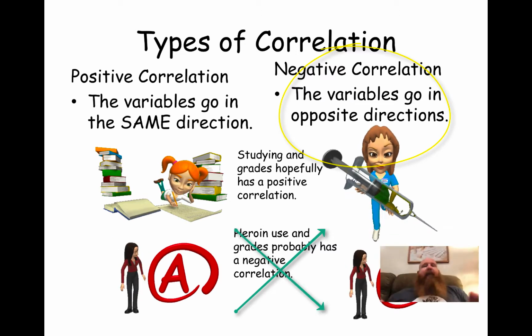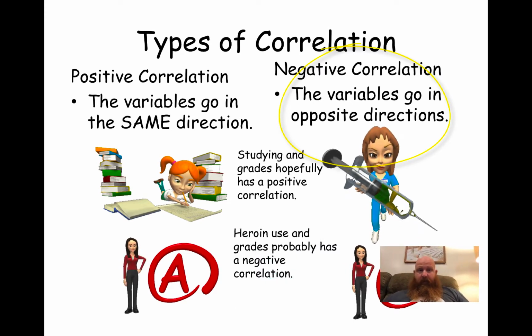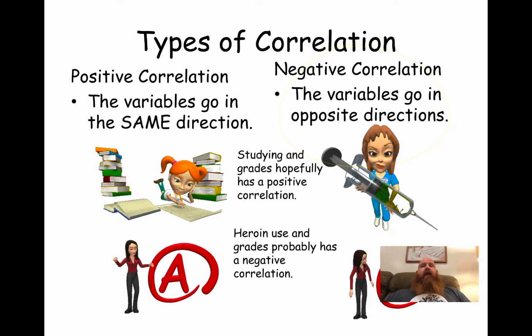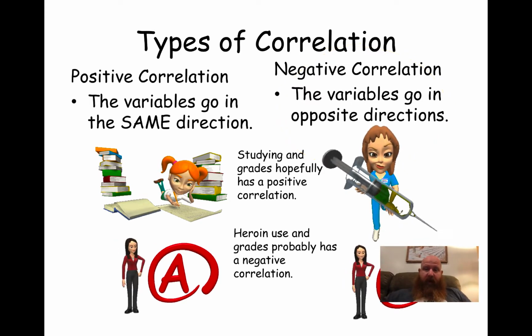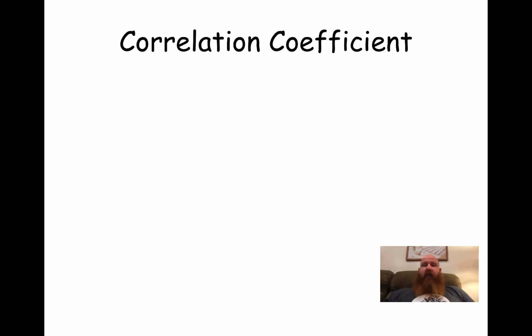They're going in opposite directions, which means there is a negative correlation there. There's still correlation, and remember, we're not talking about causation. You're going to need to know the difference between positive correlation and negative correlation.